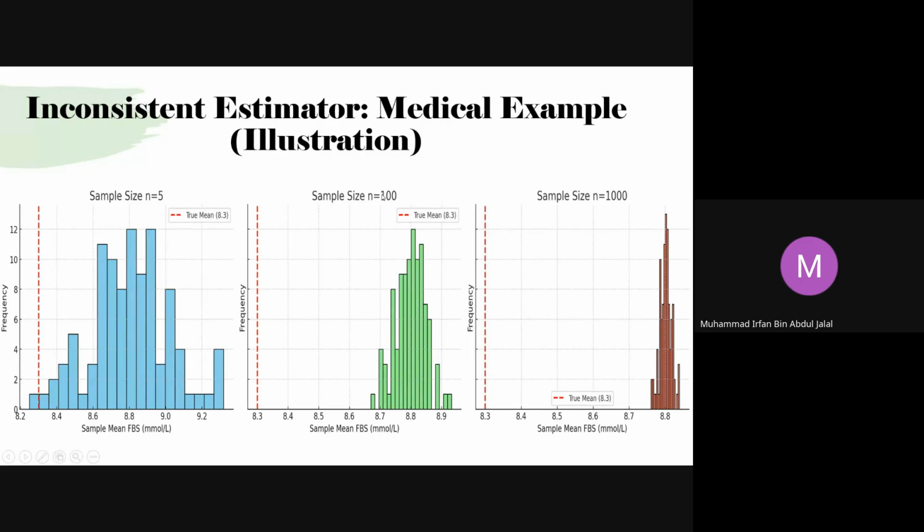Then if you increase the sample size to 100 and 1,000, it still could not converge or hit the true population mean for the blood sugar level. You can see here, this is what happens if the sample mean is not a consistent estimator of the population mean. This is just an example.